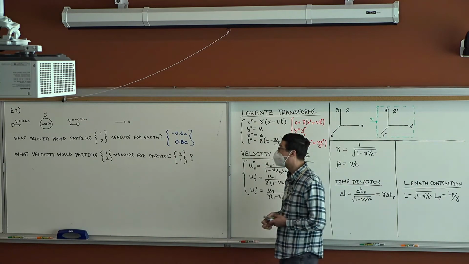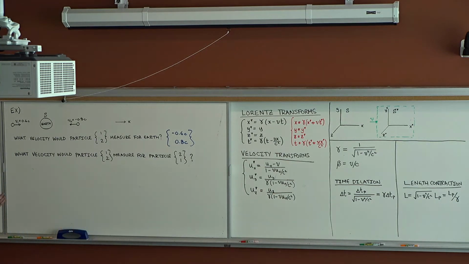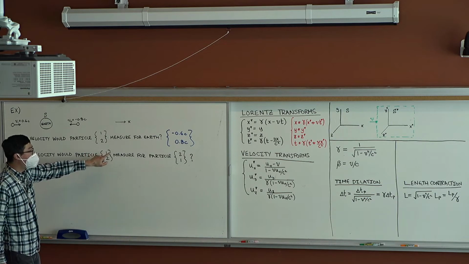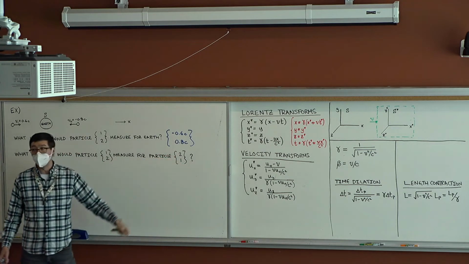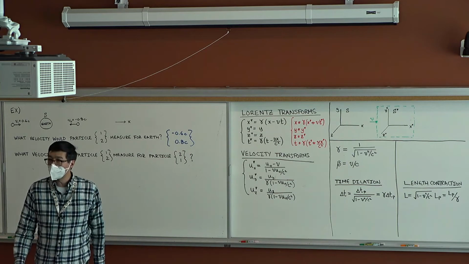Now let's get to the part where this gets a little trickier. We want to ask, what velocity would particle 1 measure for particle 2? They are at different locations, and they are both moving. Is it just adding 0.6 and 0.8?